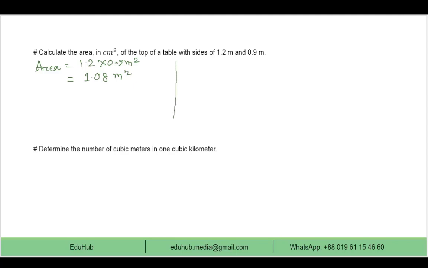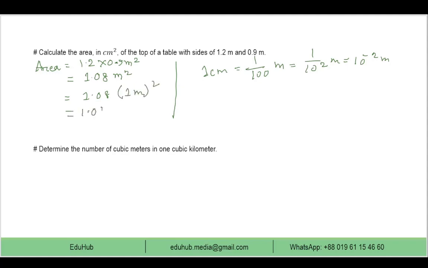In the previous lecture, we also learned that 1 centimeter is equal to 1 by 100 times of meter. That means it is 10 to the power minus 2 meter. So now 1.08 into 1 meter the whole square.